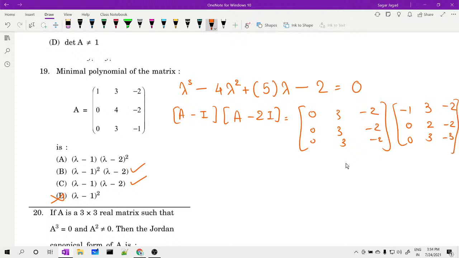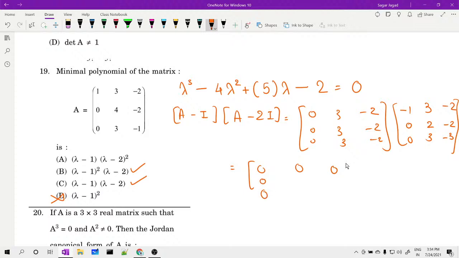Okay, let's see the first row, first column is definitely 0. This is 0, 6 minus 6, so it is 0. And 0 minus 6 plus 6, so it is 0. Good. After that, the second row, first column is 0.